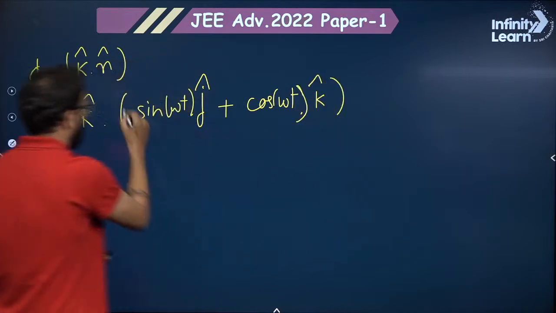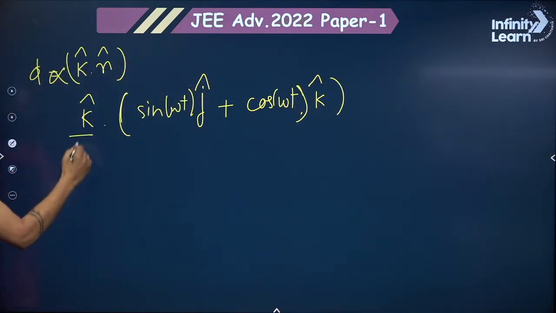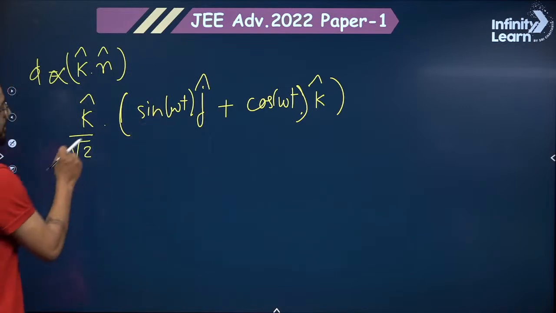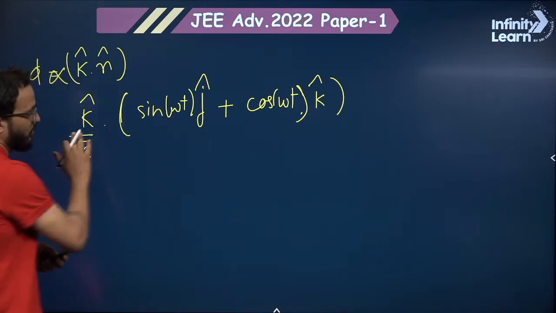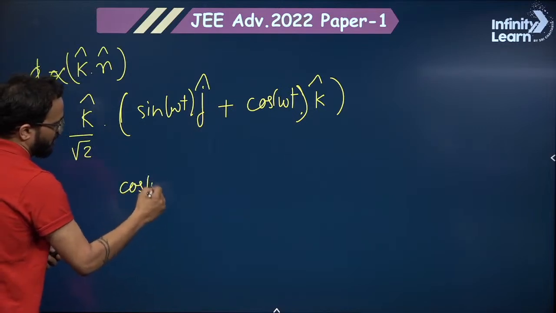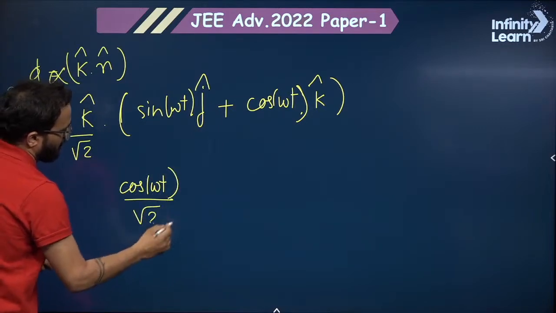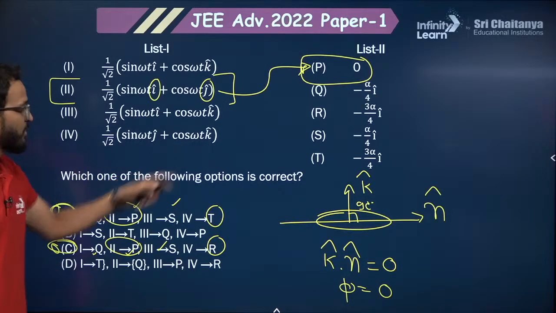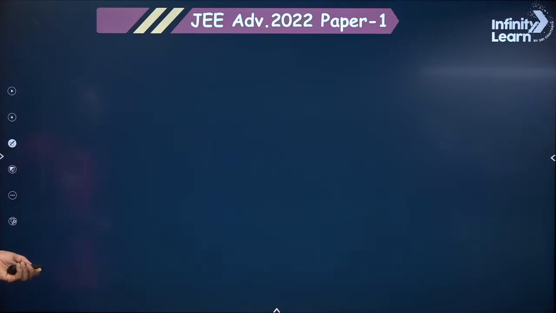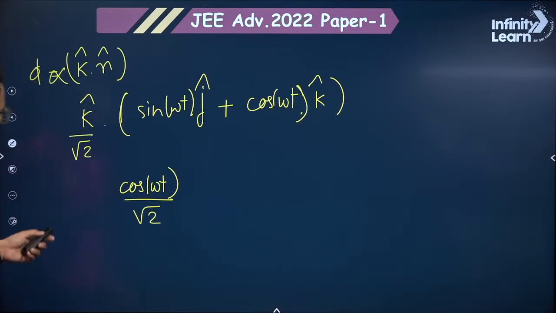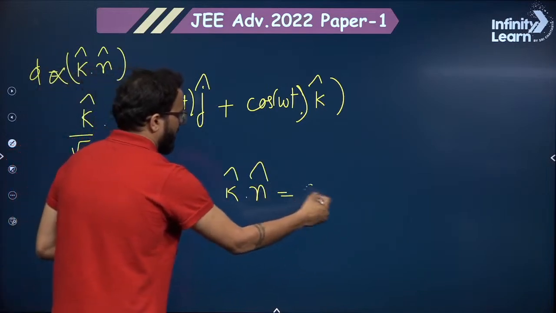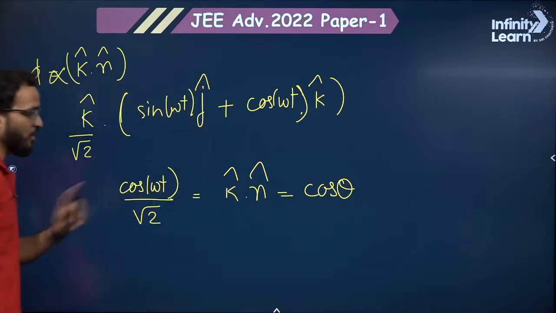Now you do the dot product, 1 by root 2 also. So if we do this, then k dot j will be 0, so we will have cos omega t by root 2. Is it correct? Sin omega t j cap plus cos omega t k cap, right? Okay, cos omega t by root 2. This is k cap dot n cap, which was cos theta.